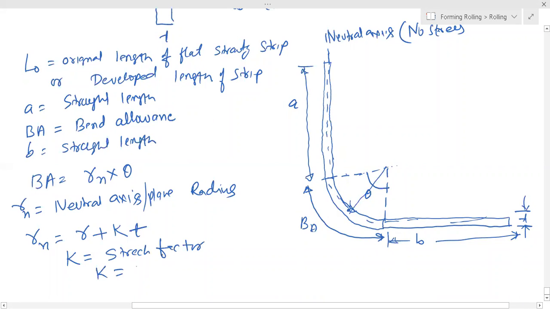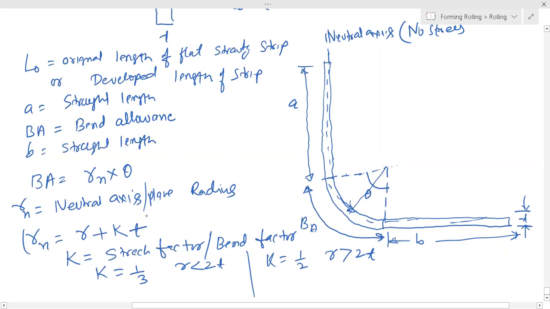K is equal to 1 by 3 if R is less than 2t, and K is equal to 1 by 2 if R is greater than 2t. Okay, fine.